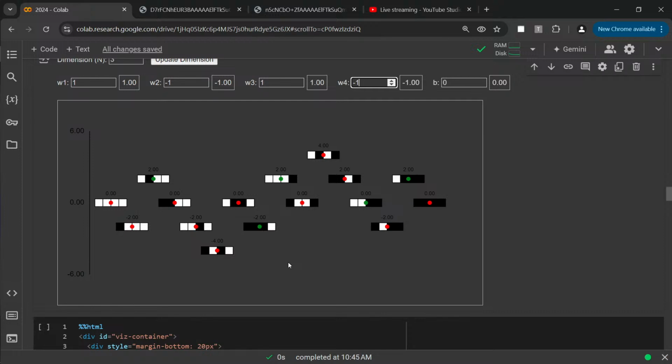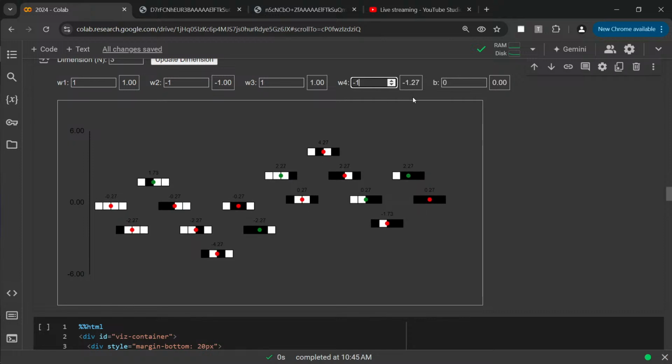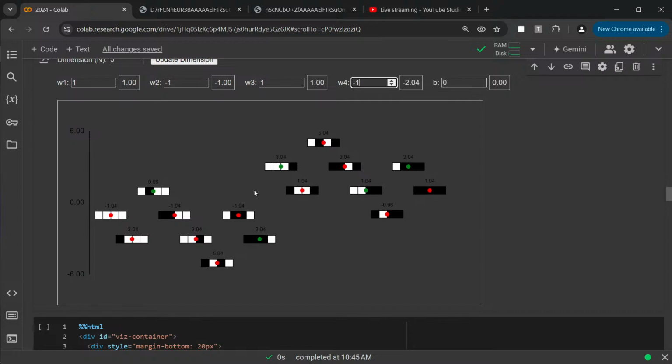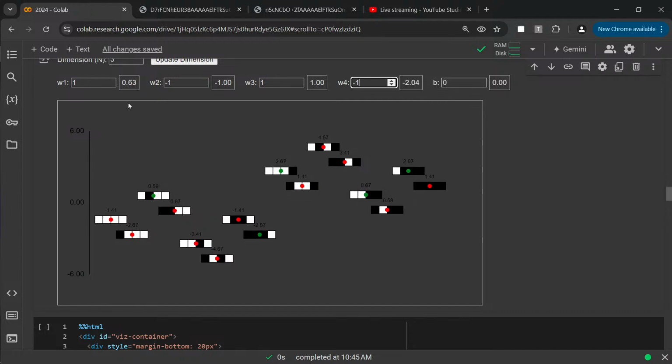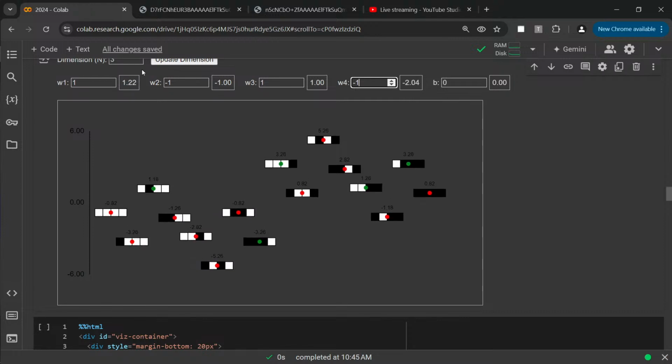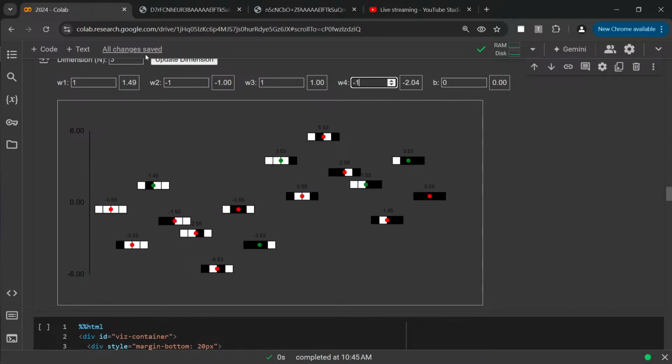So that would be an error of 4. And basically what it's saying is that you can pull this green guy up somehow so that he's now correctly classified. Anyway, that's what that column is doing. It's playing around with the dot product.